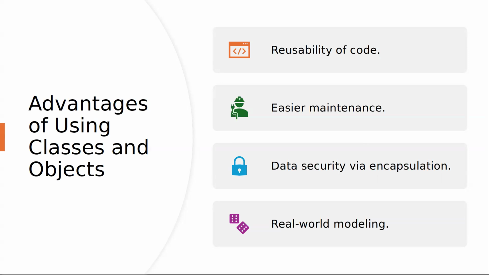It also improves readability and maintenance, since changing one part of the program does not affect others unnecessarily. Most important, it allows us to model systems more naturally. A student, a car, a drone can each become an object with its own data and behavior. In short, classes and objects lead to cleaner, more reliable, and scalable programs.